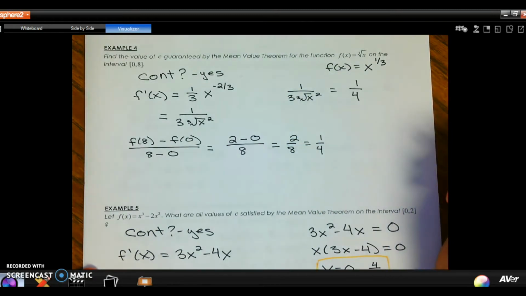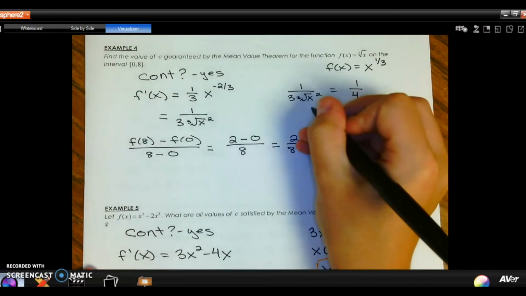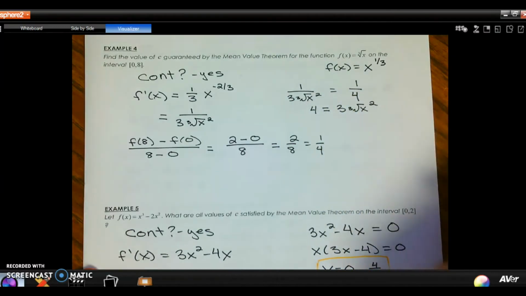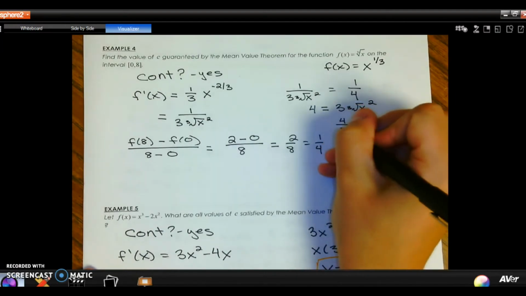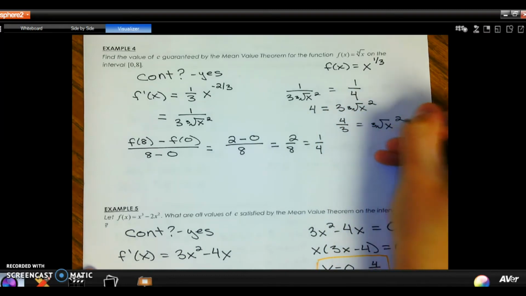Then you've got fractions with an equal sign between them, so you're going to cross multiply. So you get 4 equals 3 cube root of x squared. Then you can solve for x by dividing both sides by 3. So then you get 4 over 3 equals the cube root of x squared.